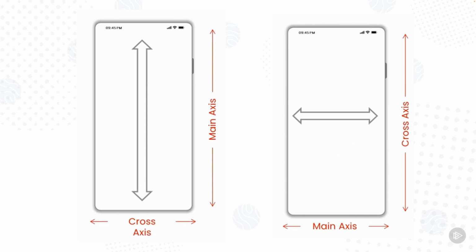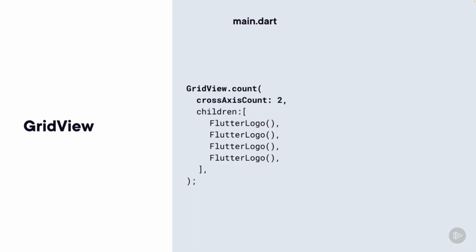The main and cross axes are defined according to horizontal or vertical scrolling in the Grid View or List View. The simplest way to use Grid View is using the count and passing how many items you want in the cross axis.